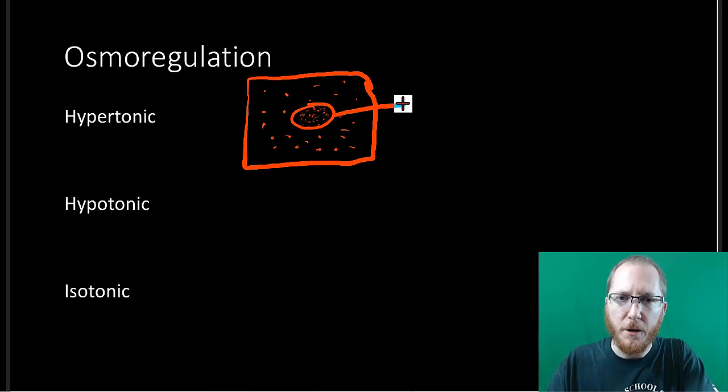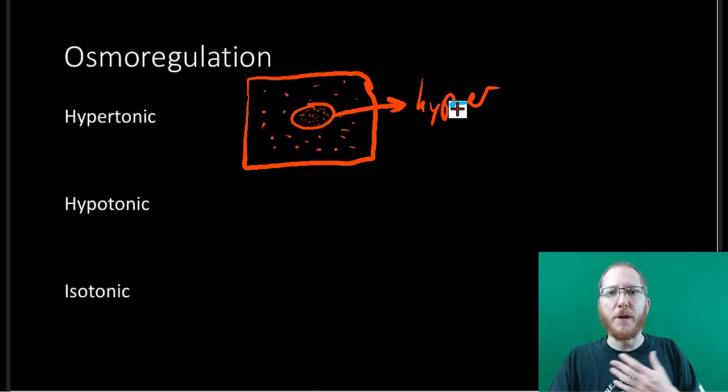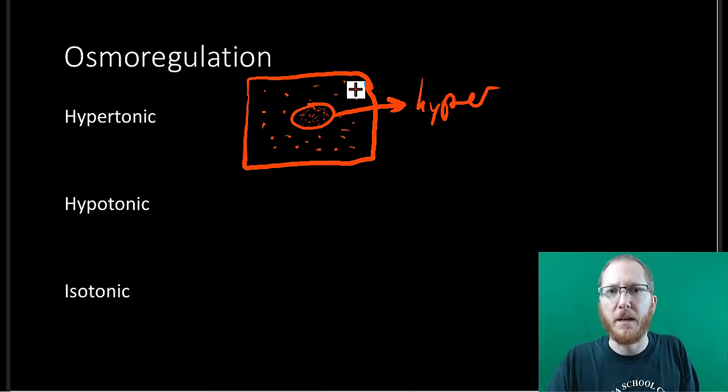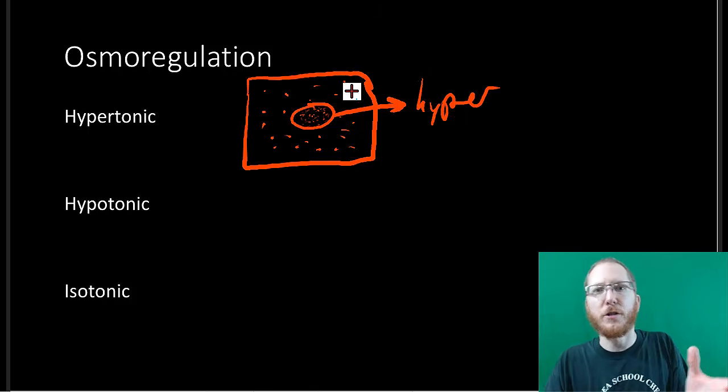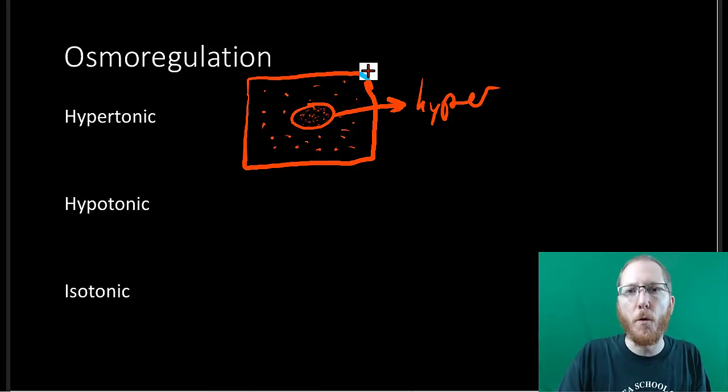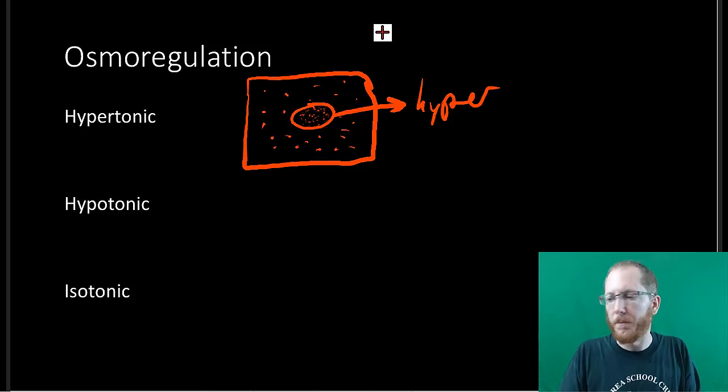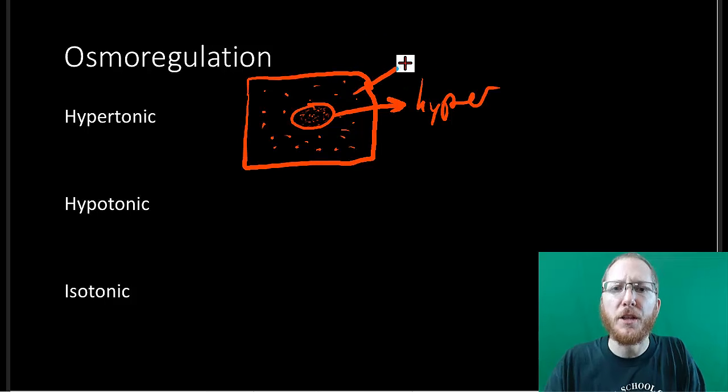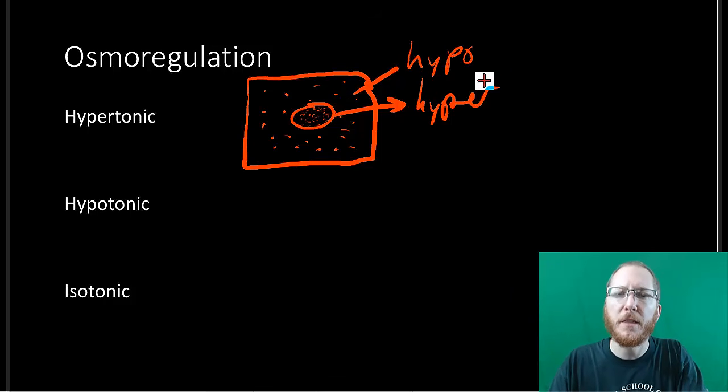Because the cell here is hypertonic, but if you have something that's hypertonic, there has to be something else that's hypotonic. It's like if you were rich compared to other people, somebody else has to be poor. Otherwise, everything's just equal. And so in this case, the solution then must be hypotonic. You really got to be careful when you look at this to make sure who we're talking about.